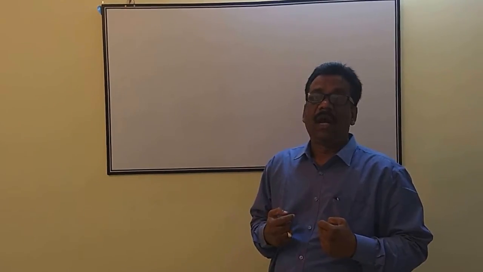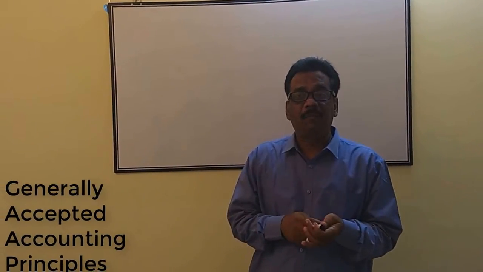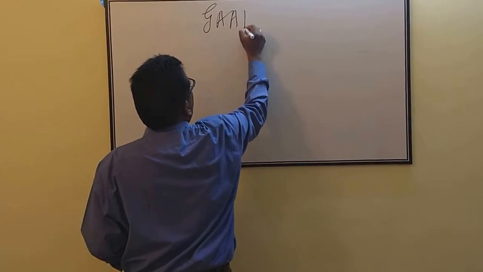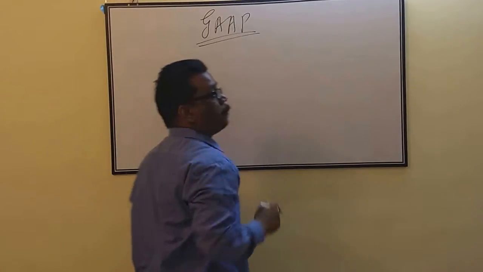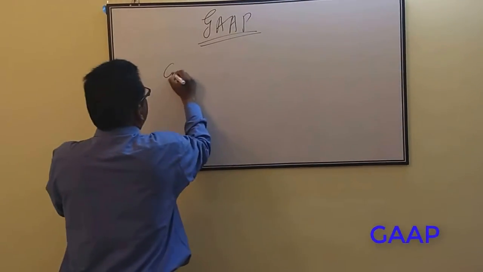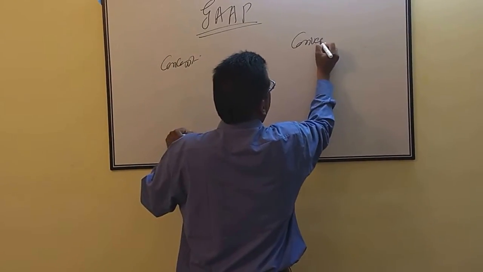Those are concepts and conventions. These concepts and conventions are known as generally accepted accounting principles, GAAP. It consists of two: one is concepts, another is conventions.